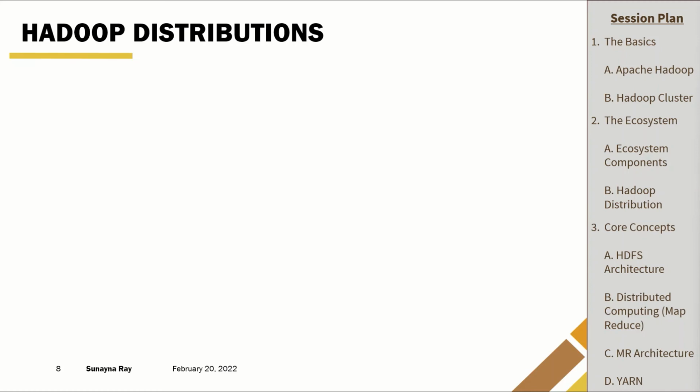But imagine there are so many services and you have a cluster and you need to set up each one of them. And not only that, you also need them to be integrated and configured to work together. This is a huge task. And hence, there are these companies which provide something called Hadoop distributions.